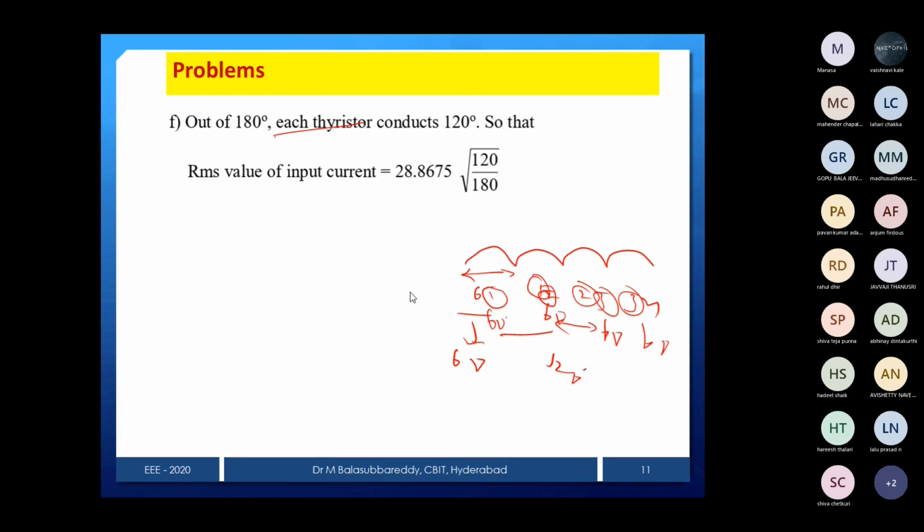That's what the formula is. Here you can see the RMS value of input current, because input current flows whenever the device is conducting. That's why the input current is for a total of 120 degrees in that period. So this is the formula. This I also gave in the previous slides. There is the RMS value of input current and the volt amperes on the input side.